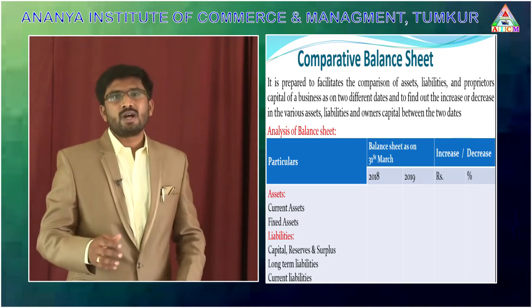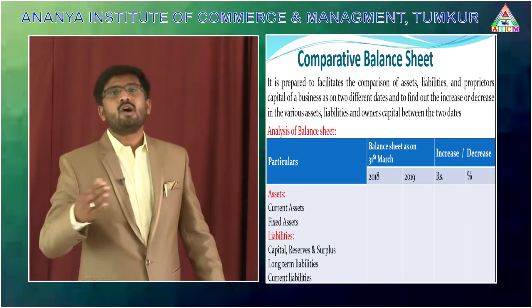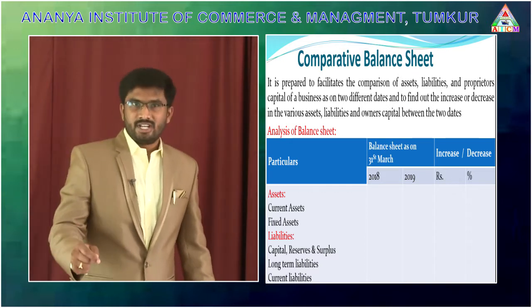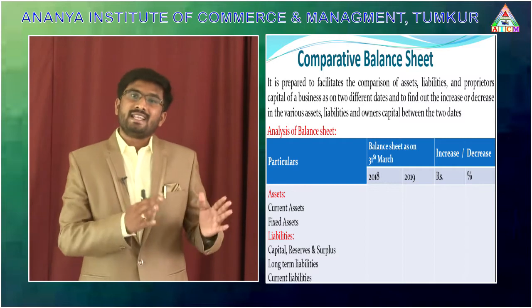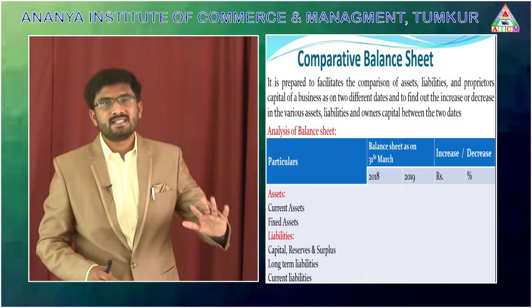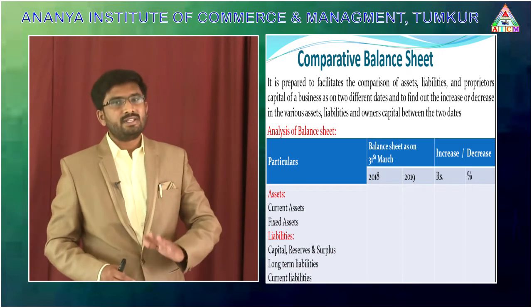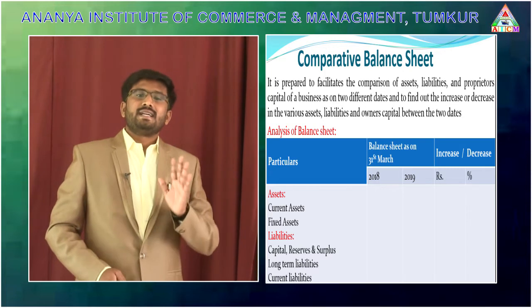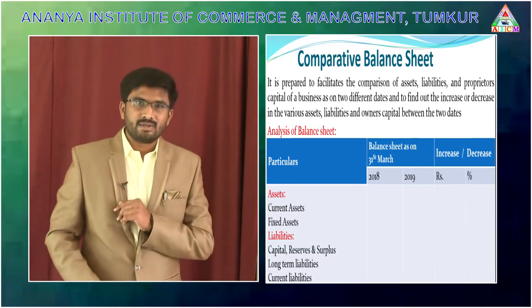Then the last 2 columns indicate the increase or decrease in amount in rupees as well as in percentage. So we will analyze the balance sheet under 5 different heads: current assets, fixed assets, and on the liability side, current liabilities, long-term liabilities and capital, reserves and surpluses.